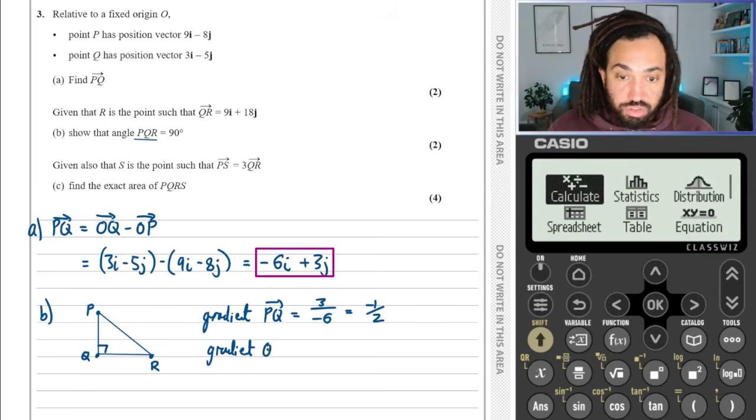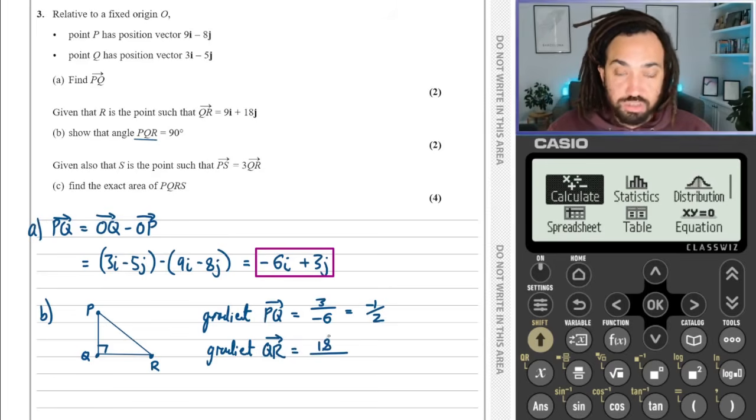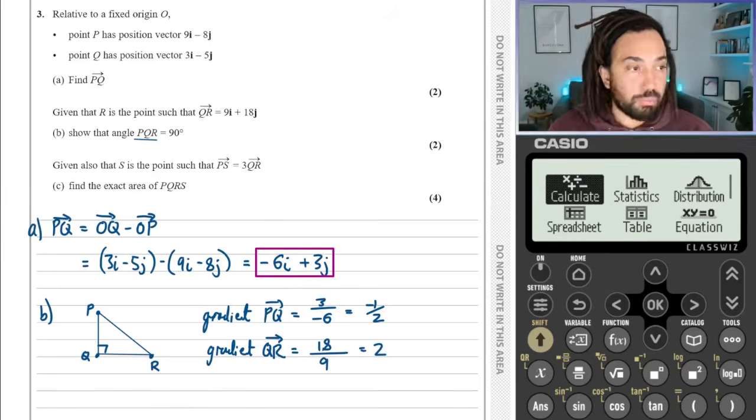We just need to work out the gradient of Q to R then. So the gradient of QR is the vertical, which is 18, over the horizontal, which is 9, and that gives us 2.